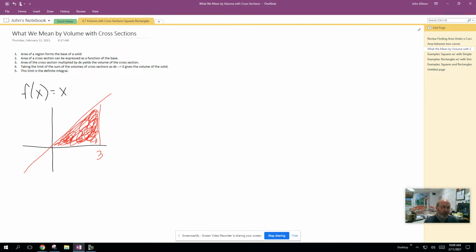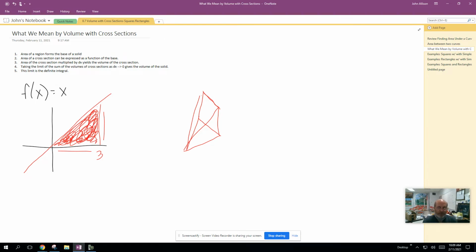And if we're going to use square cross sections, it means that if this side is represented by this line, and this side by this line, and this is the base of the solid, then with square cross sections, this is going to form a three-dimensional object that looks something like this, almost like a pyramid.